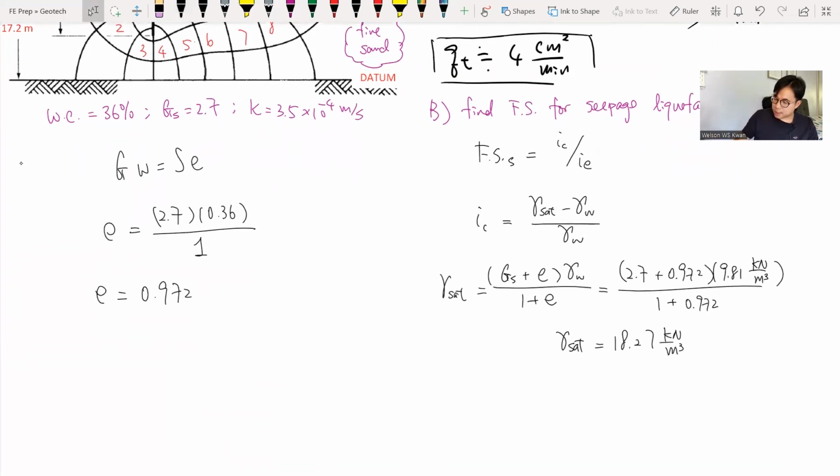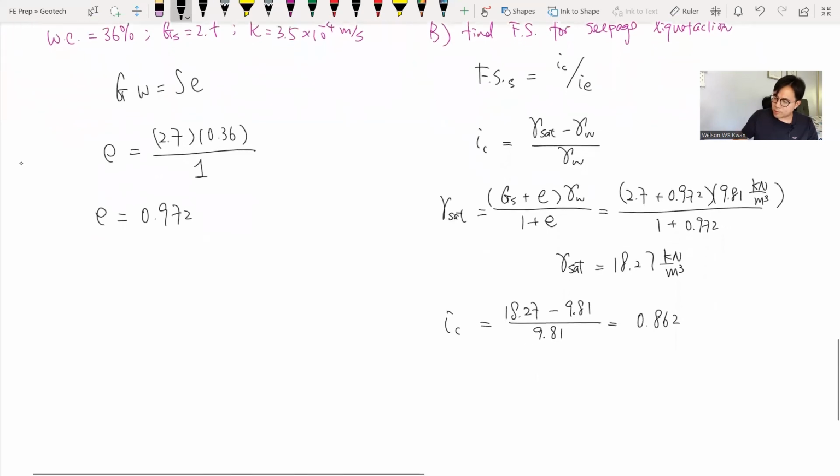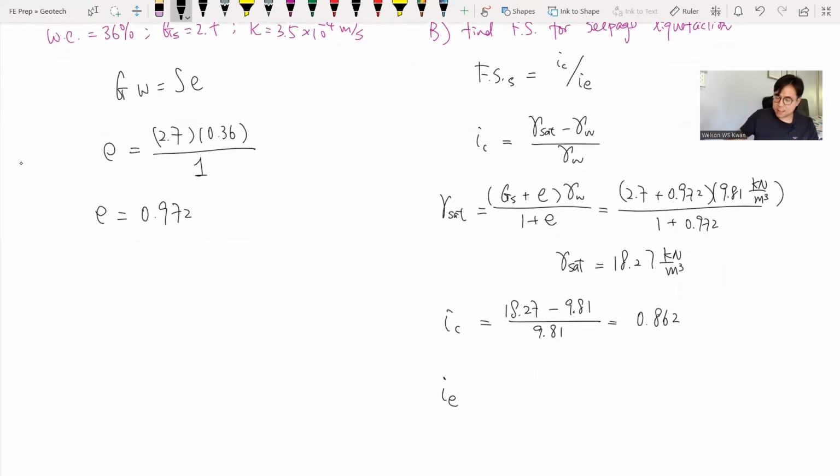So we can calculate the I sub C now, which equals 18.27 minus the unit weight of water, divided by the unit weight of water. And we find the I sub C equals 0.662.